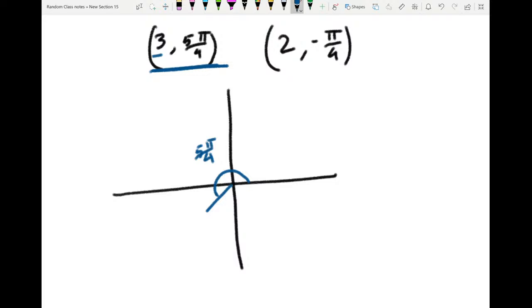And +3 means 1, 2, 3, roughly that. That's 3 comma 5 pi over 4. Let's look at 2 comma negative pi over 4. We did that earlier. It would be right over here. Oops, sorry, in this case it will be smaller, right over here. What about 3 comma 0? That would be 1, 2, 3. But the angle is 0, so that's your angle.